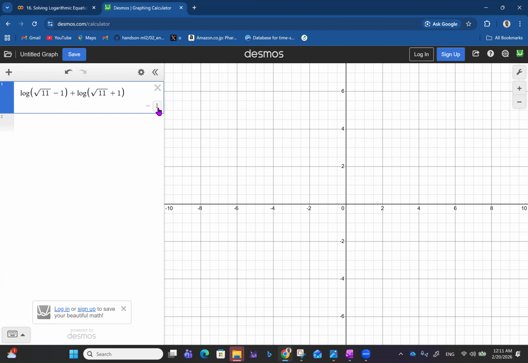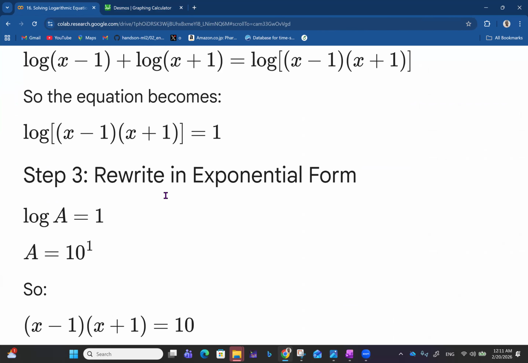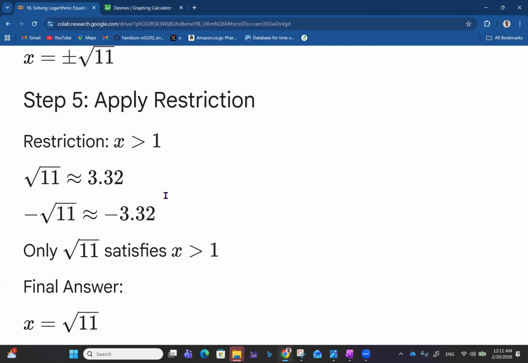Okay, you see it gives us 1 clearly. So we are good to go. All right, so you can check like that to be sure your answer is correct.